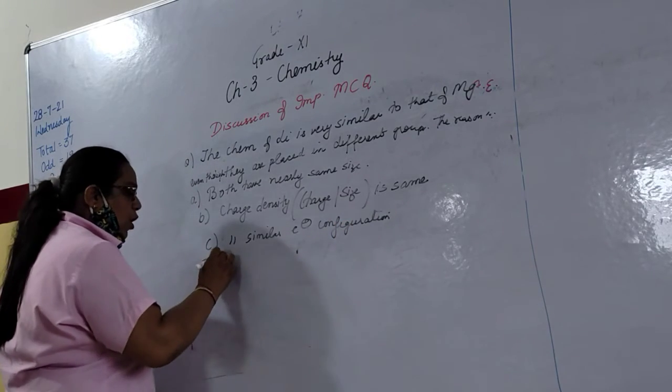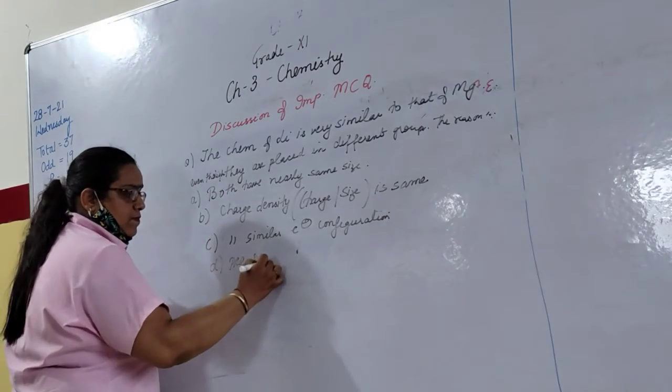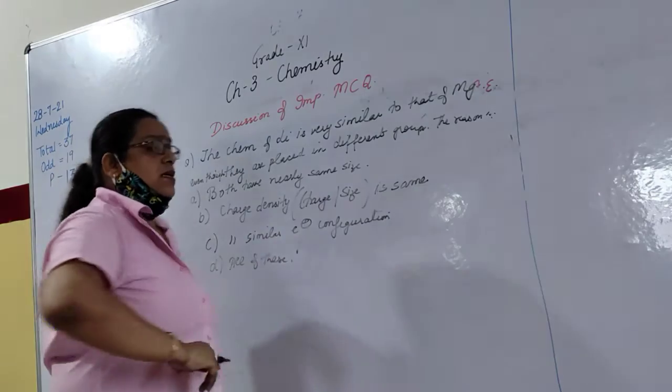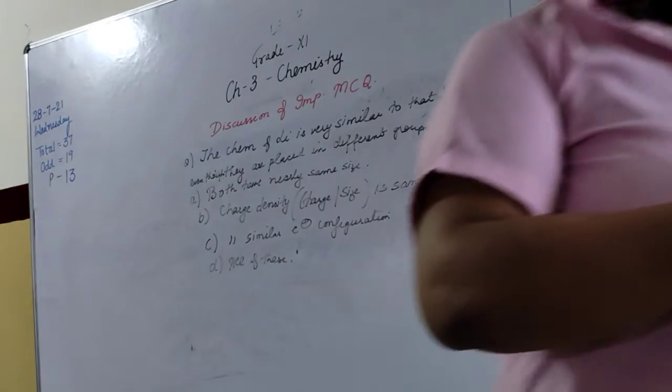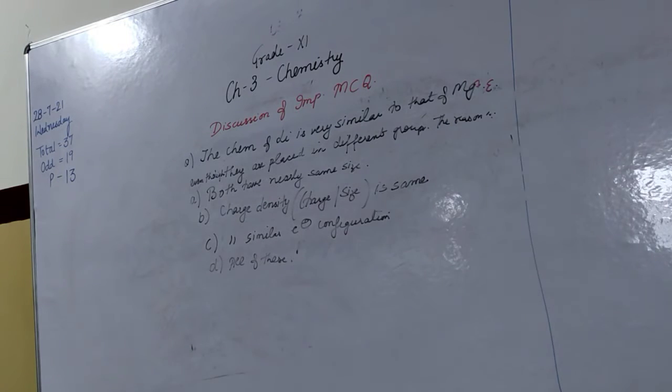And the last option is all of these. I repeat the question. The properties of lithium are similar to those of magnesium. The reason is they have nearly the same size; their charge density, that is charge by size ratio, is the same; they have similar electronic configuration; or all of these.